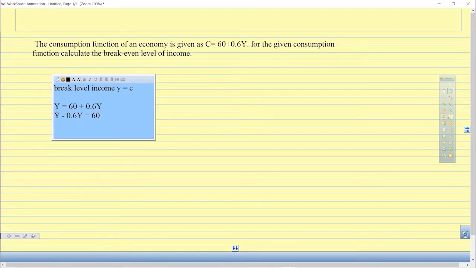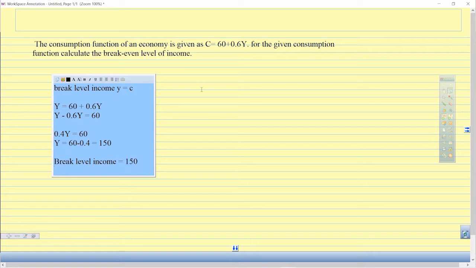Solving this for y, 1 - 0.6 is 0.4, so 0.4y = 60. So y = 60 divided by 0.4, which equals 150. So the answer is: the break-even level of income, or the level of income at which income and consumption are equal, is 150.